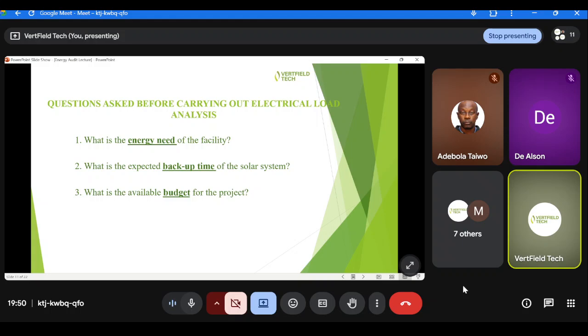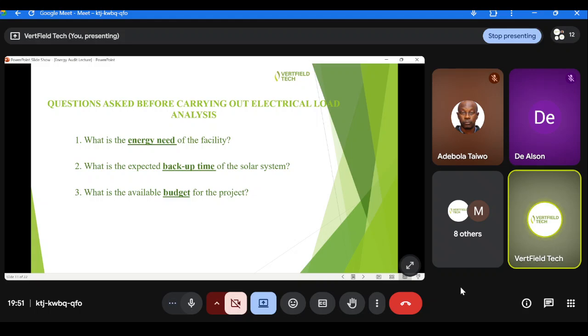Then we will move ahead to ask the second question, backup time of the solar system. This backup time is in hours, all right? What it is telling us is how long Mr. Taiwo wants this solar system to run in the absence of solar or any other source of power supply.